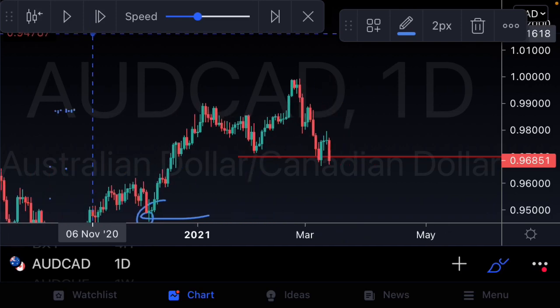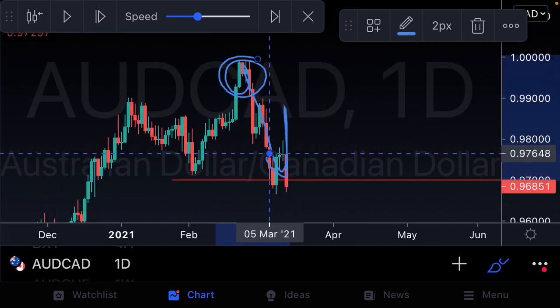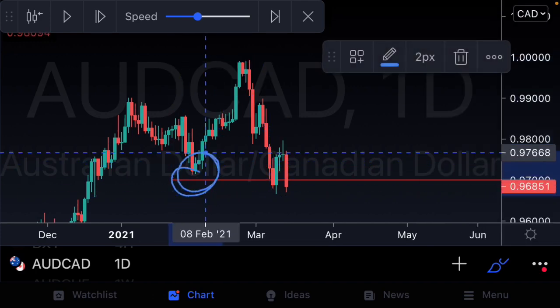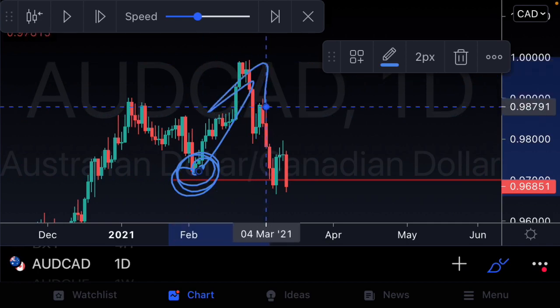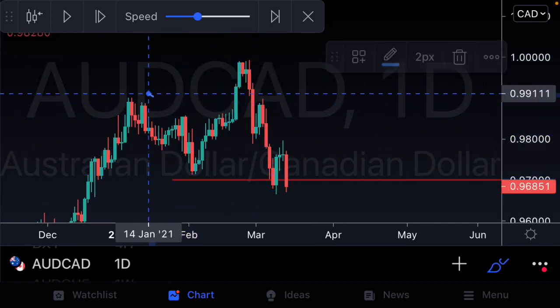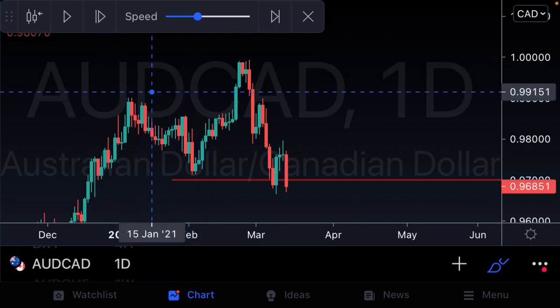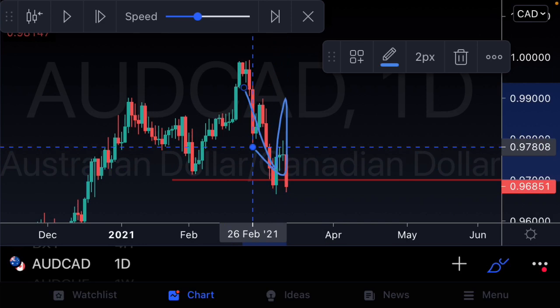Now what we see is finally sellers being able to send prices below a previous area, an area that should be protected if buyers are still in this market, below a previous area where buyers came in and were even able to violate resistance areas. So now we know sellers are in the market.